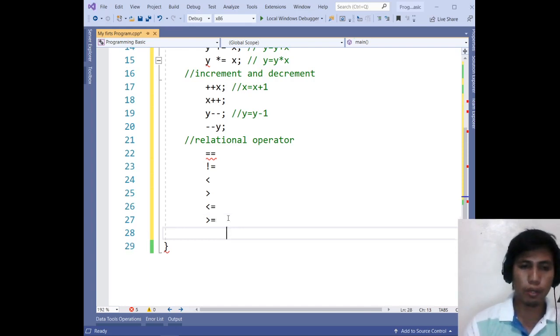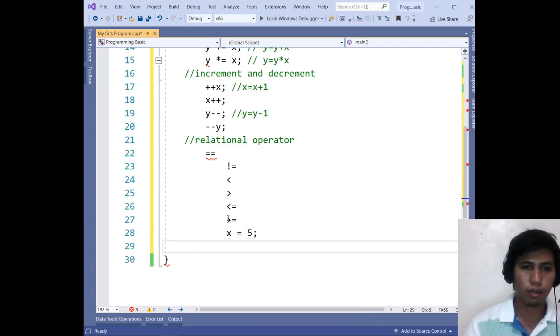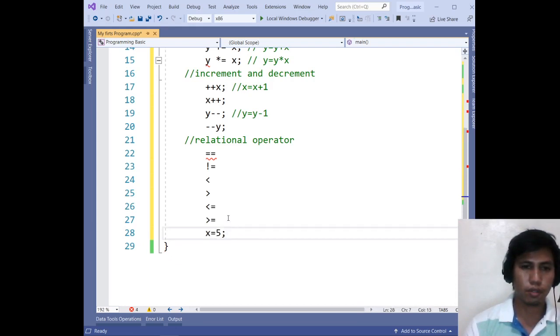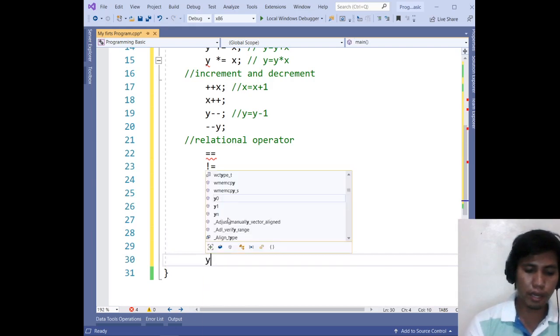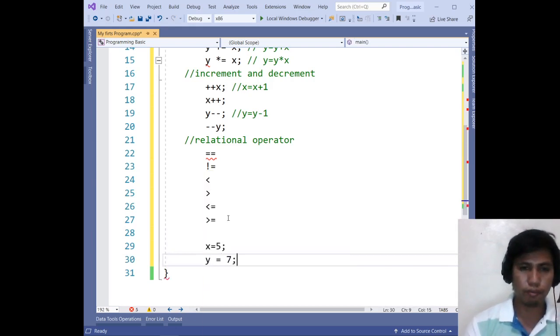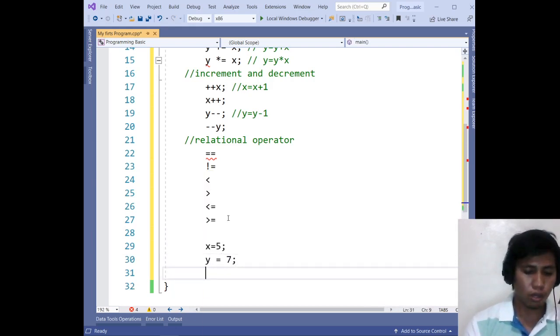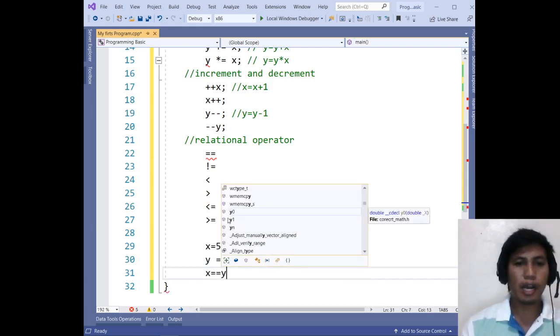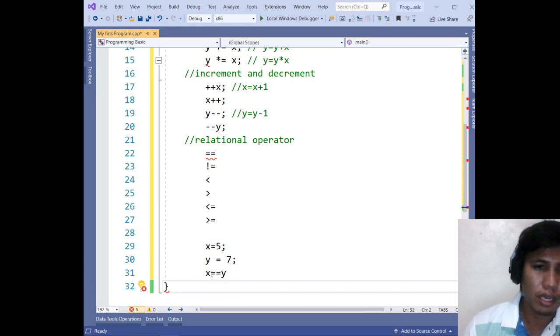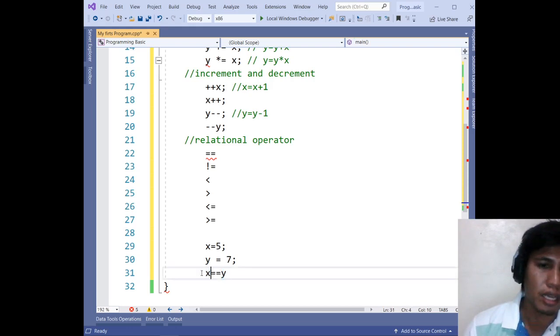Let's say, for example, x equals 5, then y equals 7. So when we say x equal to y, we are actually asking if x is equal to y. Yun po yun, ang ibig sabihin niya.